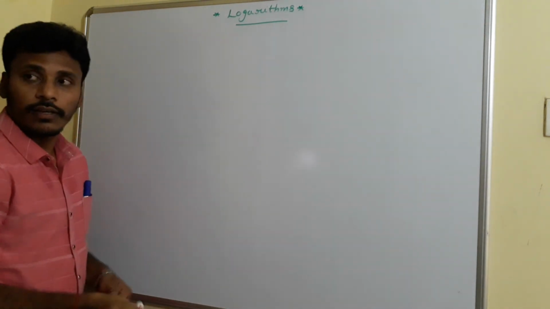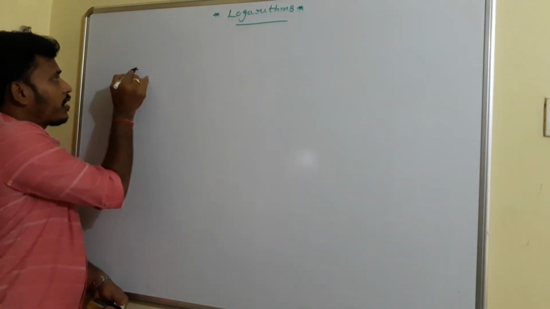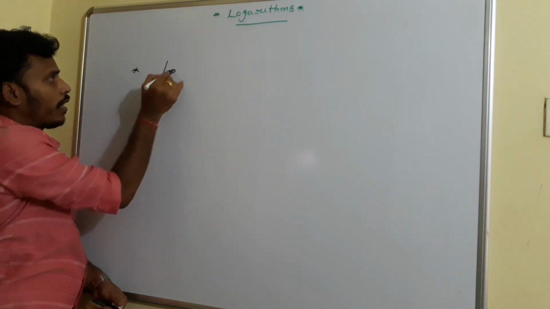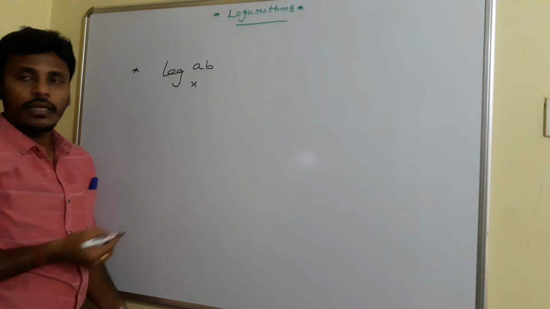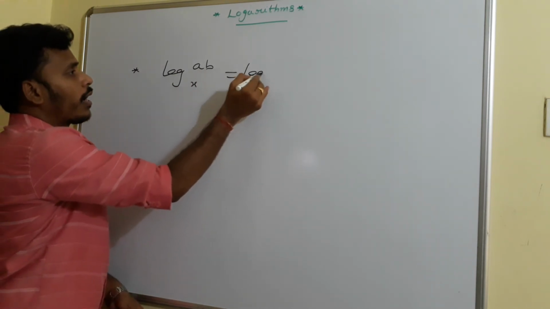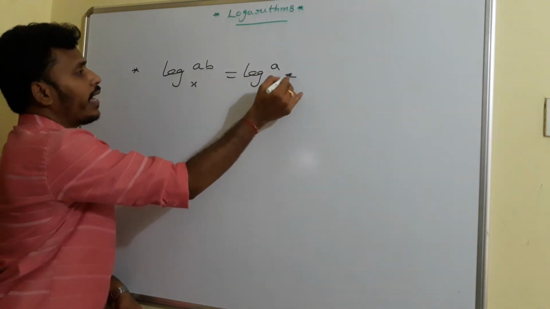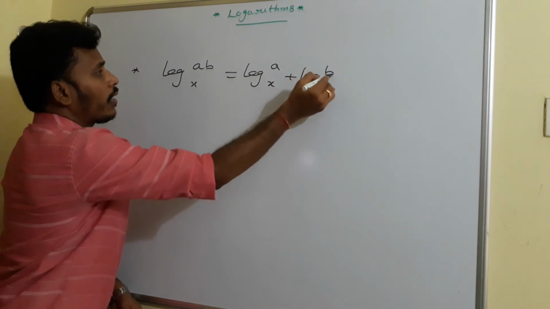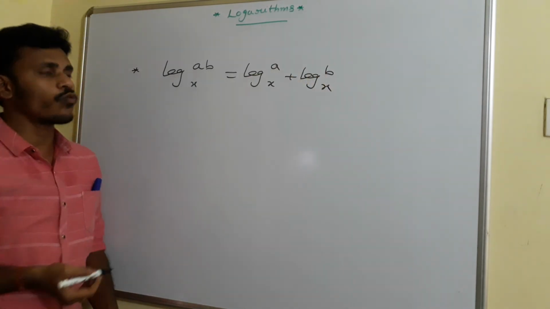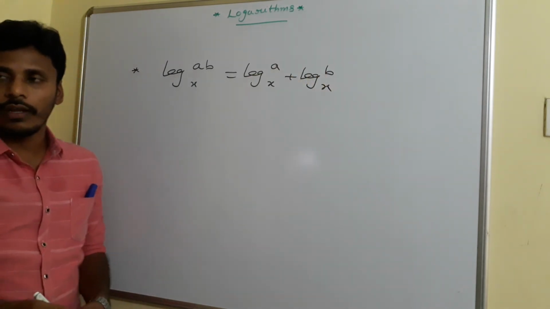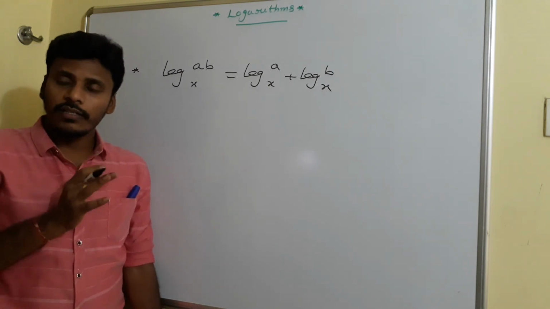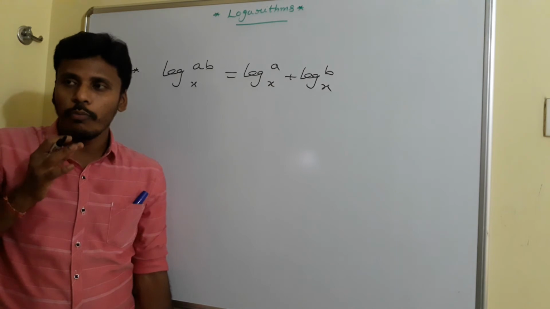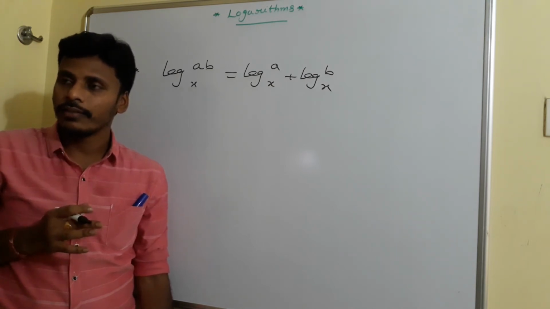Right. See now, the next thing you need to learn is logarithm of ab base x is equal to logarithm of a base x plus logarithm of b base x. This is one standard law of the logarithm. Have a look again. First thing is you need to be perfect in mathematics.